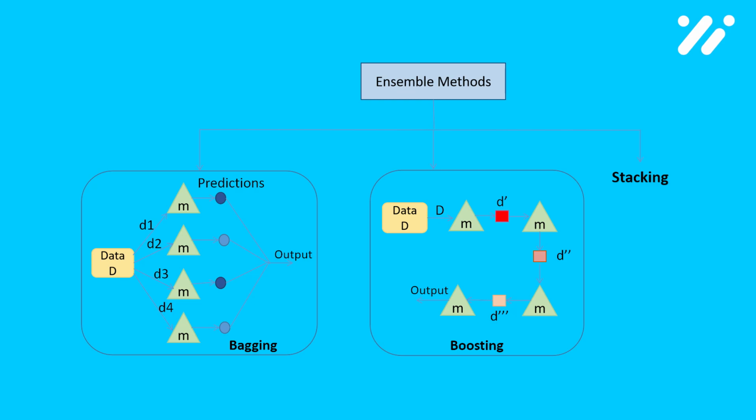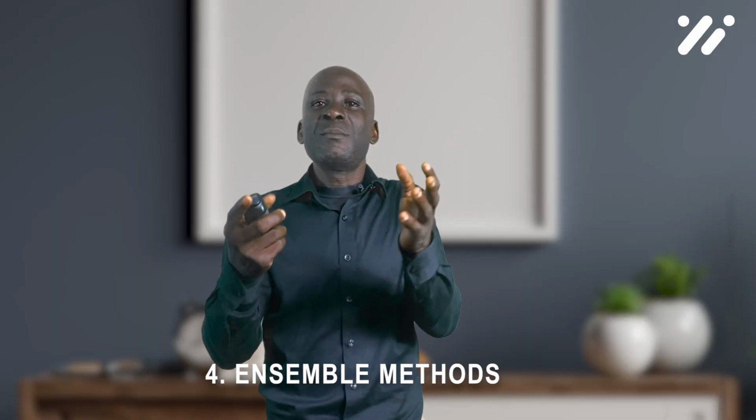Then in your optimization, you can also do ensemble methods. In an ensemble method, you combine multiple models to form an ensemble and leverage their collective predictions. So by combining multiple models, this will optimize your model.